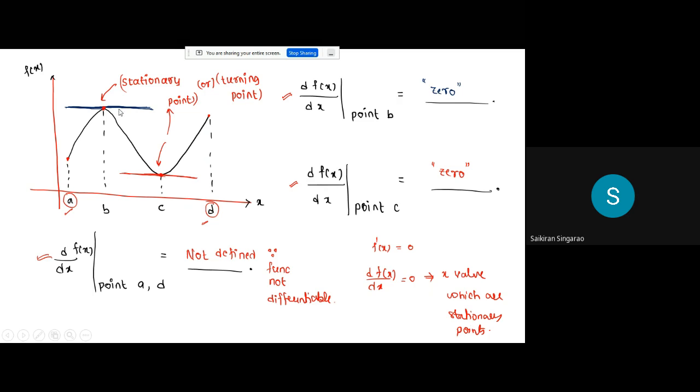Stationary points are only your maxima and minima points. Because this is a maximum point, this is a maximum point, this is a minimum point.